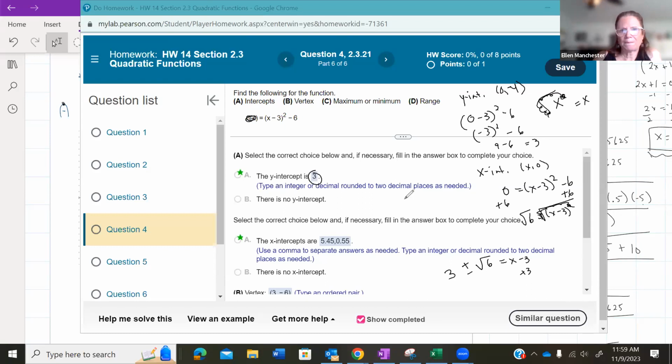Running out of room. All right, so I have x equals 3 plus the square root of 6, and x equals 3 minus the square root of 6. And then you just calculate it and make sure it's in the right format.